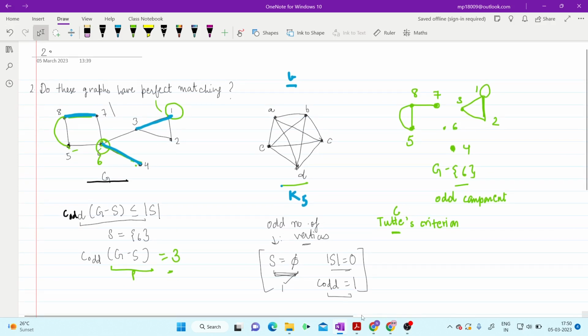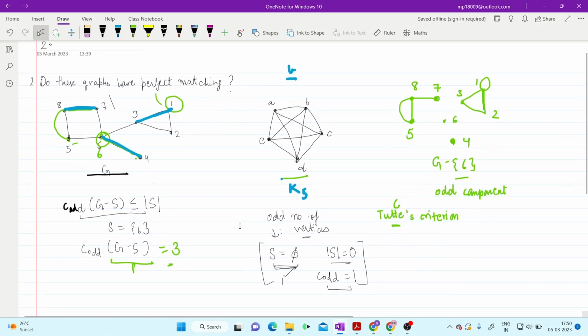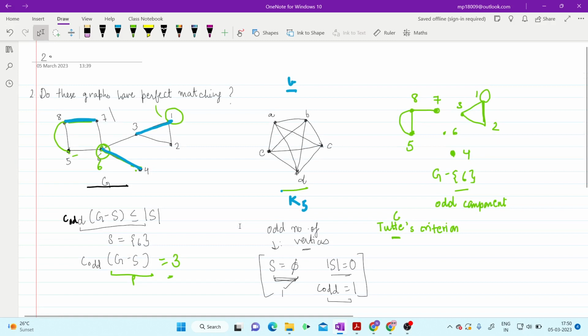Yes, ma'am. Ma'am, in that second graph, if we take S as only D, then we will have the graph as A, B, C, and E, and it is a three factor, right, ma'am? What is a three factor?